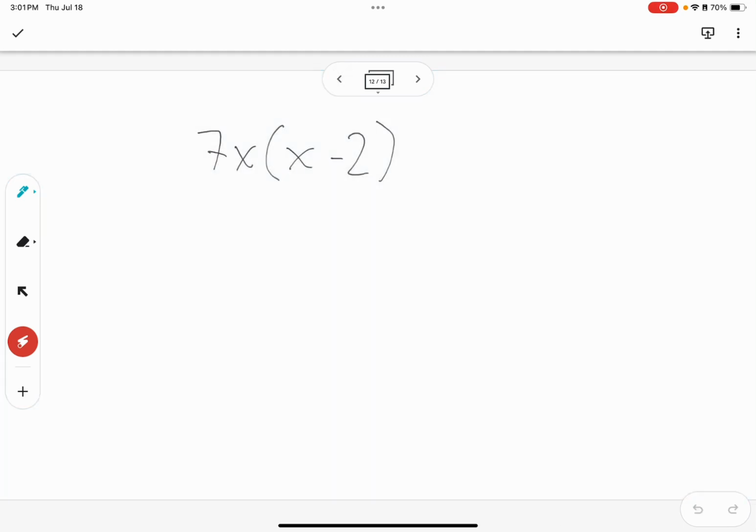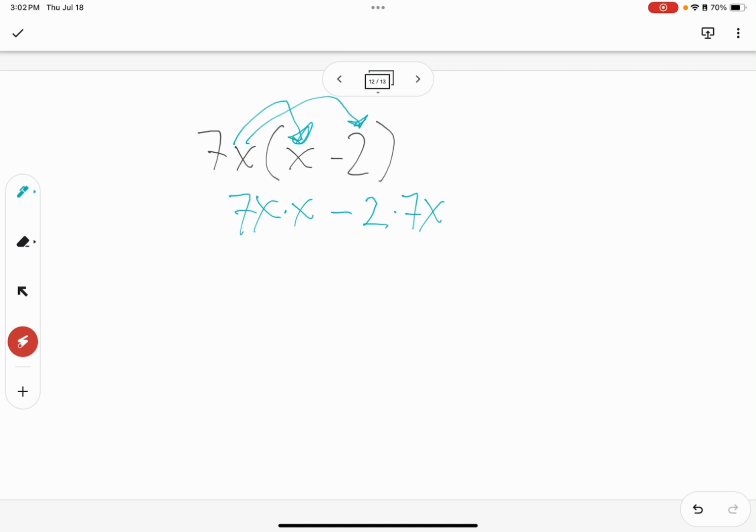So here we're going to look at 7x times by x. Let's go ahead and write that down. 7x times by x. And then 7x times by negative 2. Okay?